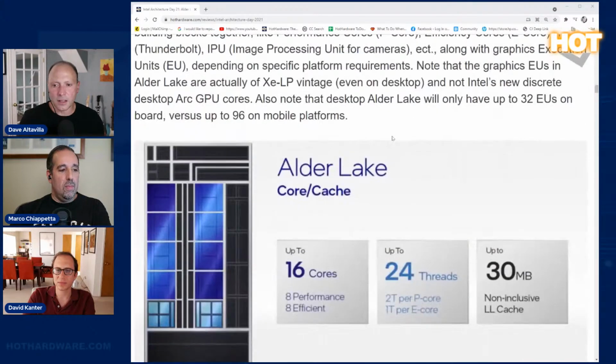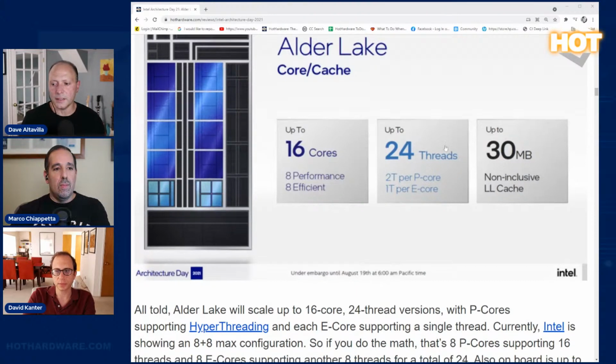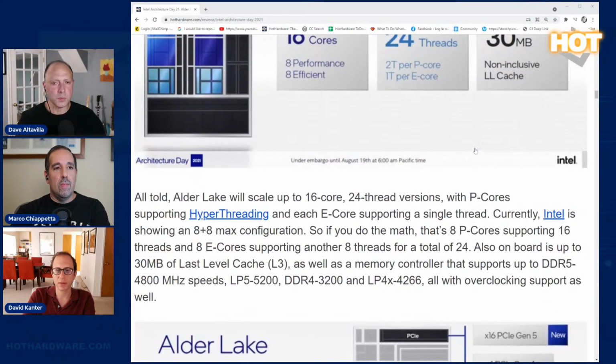But let's talk about this, Dave. There are a couple of interesting architecture aspects that stood out to me for Alder Lake. You've got up to a 16 core instantiation, eight performance cores, eight efficient cores, and performance cores have hyper-threading. Efficient cores are single threaded, with up to 30 megs of non-inclusive last level L3 cache, and some other interesting enhancements. One of the things that stuck out to me was the 2x larger instruction cache on the efficient core, and what that might mean for performance, and some of the performance claims they made versus Skylake.